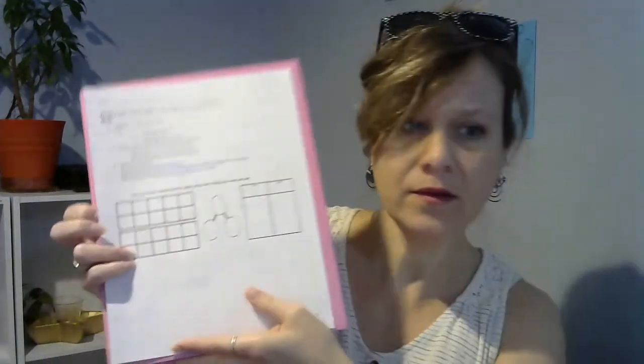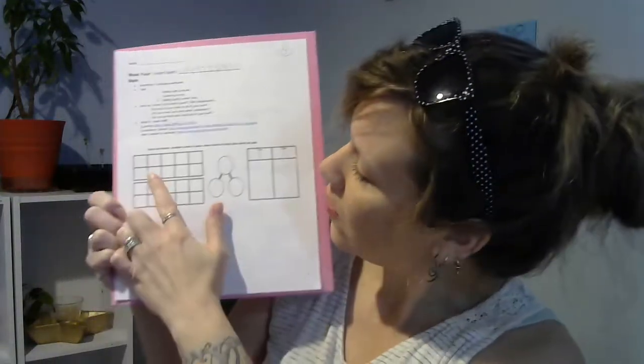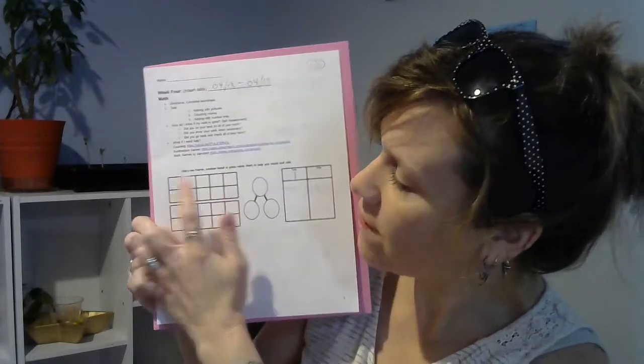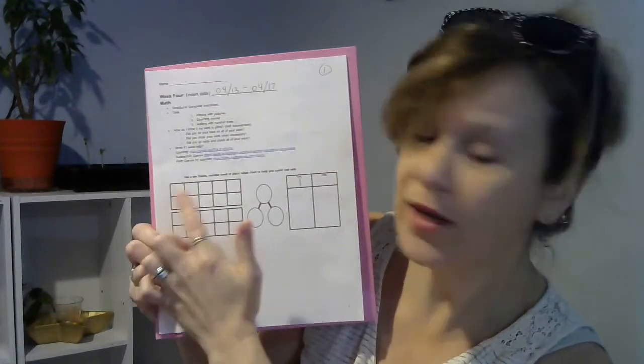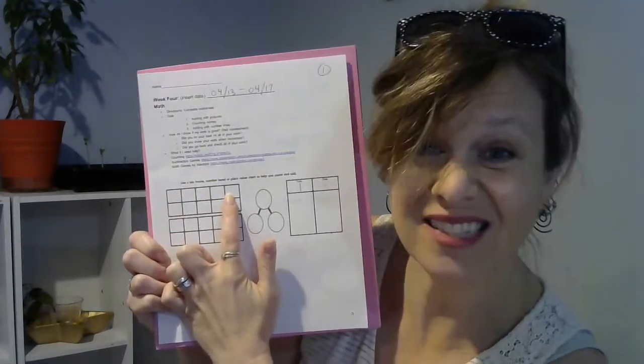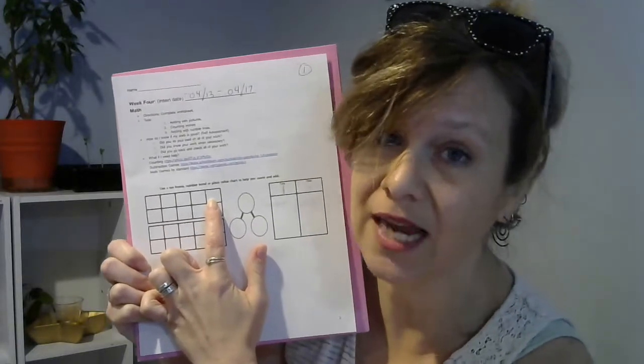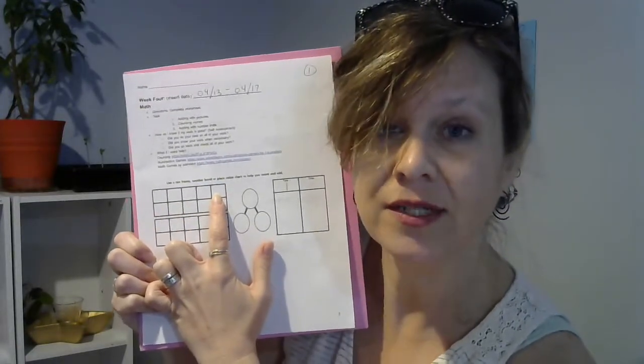That reminded me of our 10 frame, back here, where there are groups of 5 in 2 rows. I know if the top row is filled, it's 5. I don't even have to count it, I just know it's 5.